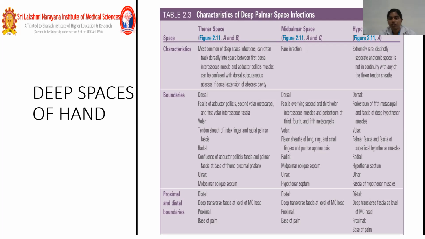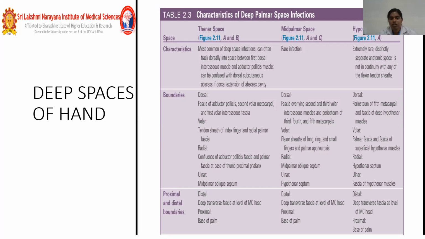For the hypothenar space, dorsally, it is the periosteum of the fifth metacarpal and fascia of the deep hypothenar muscles, and volarly the palmar fascia and fascia of the superficial hypothenar muscles. Radially, it is the hypothenar septum, and ulnarly, the fascia of the hypothenar muscles. The distal extent of all the spaces is the deep transverse fascia at the level of the metacarpal head, and the proximal extent is the base of the palm.